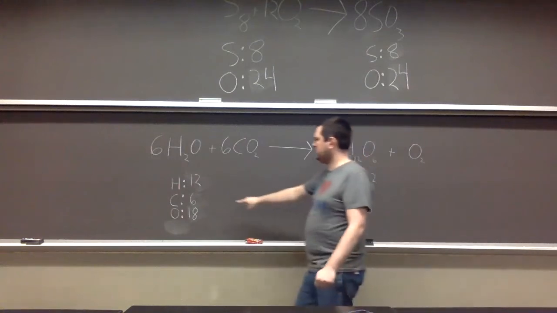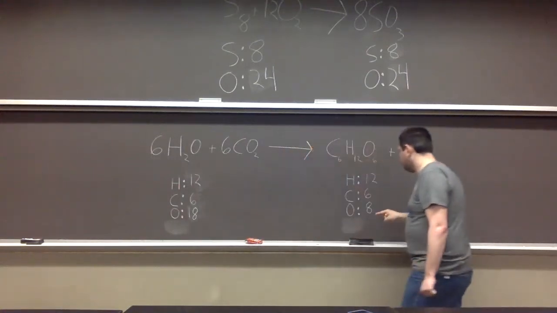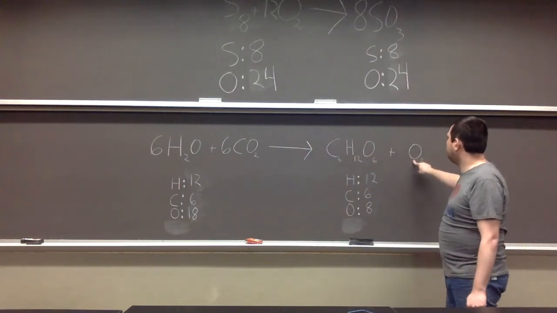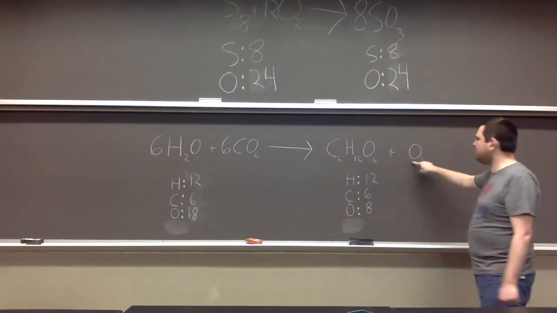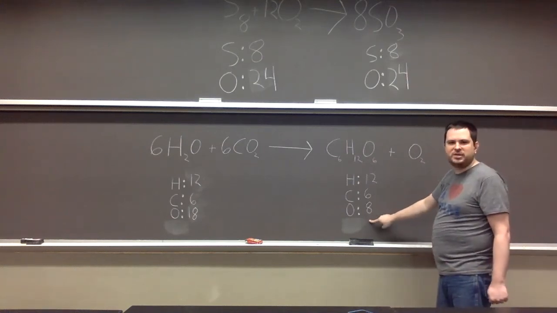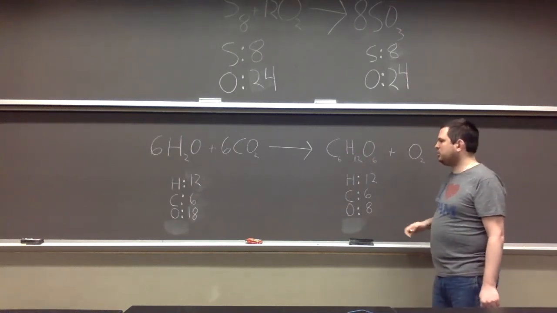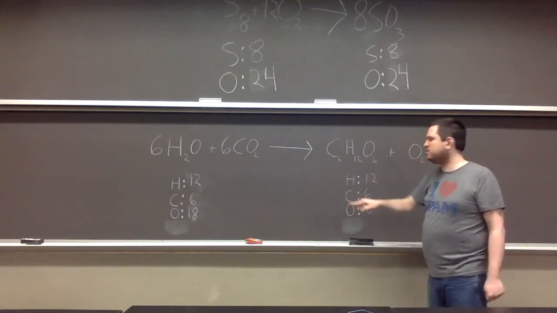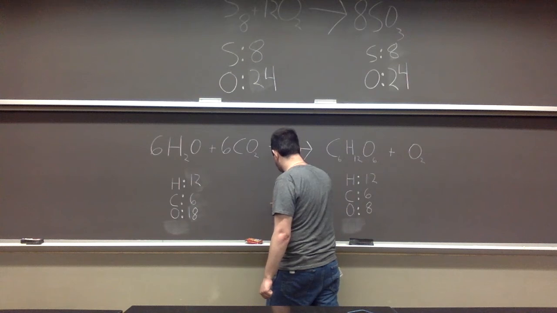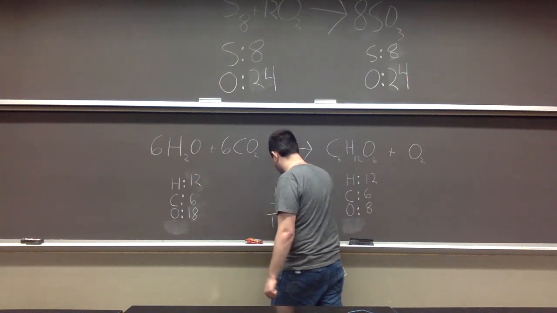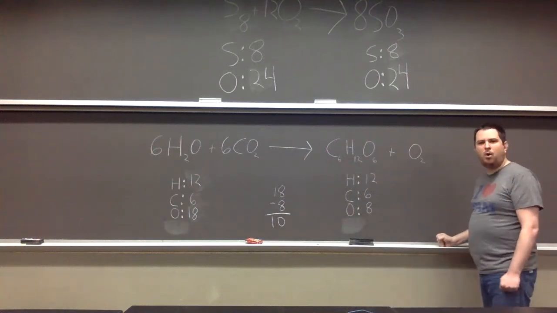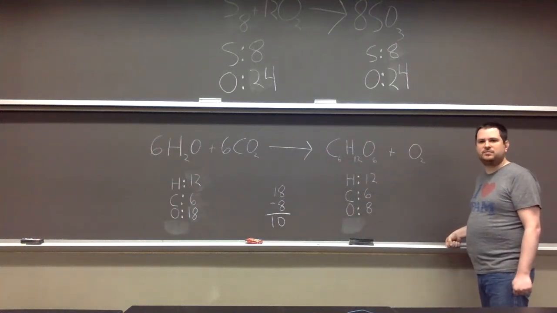So our hydrogens are balanced. Our carbons are balanced. Now we need to balance our oxygens. Since we have 2 different molecules and one of them is on its own, on the side we need to increase, what you need to do is take the higher number and subtract the lower number. That gives you 10. We need 10 more oxygens.